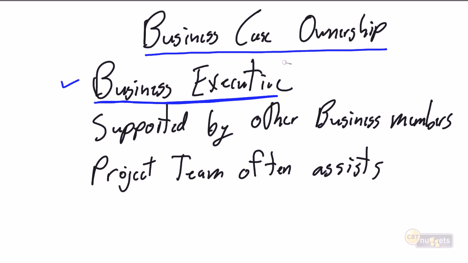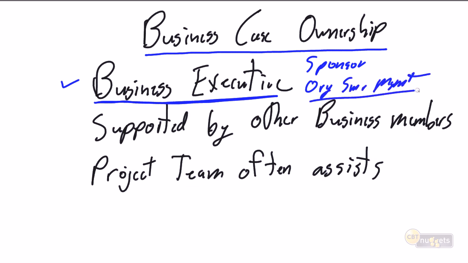The business executive has to be the sponsor. The business executive has to take the business case to the organizational senior management to obtain approval to spend the project dollars on the project.